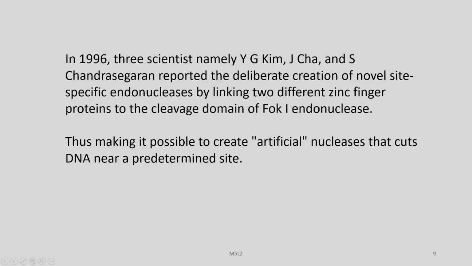Now, let us move to the work of 3 scientists, namely Y.J. Kim, J. Shah and S. Chandrasekaran. In 1996, they reported the deliberate creation of a novel site-specific endonuclease by linking 2 different zinc finger proteins to the cleavage domain of FOK1 endonuclease.